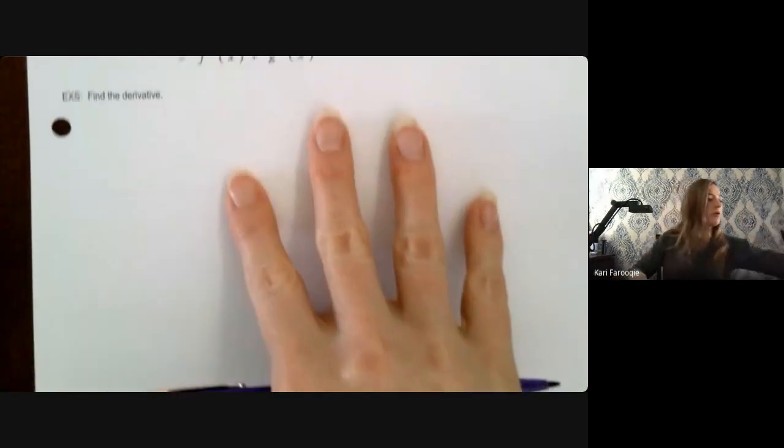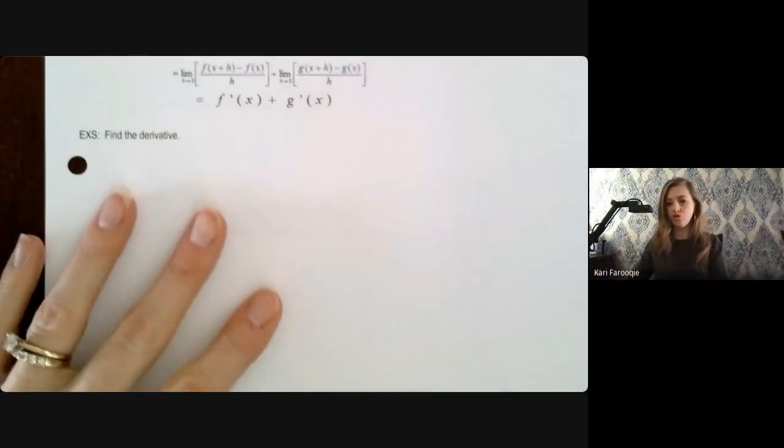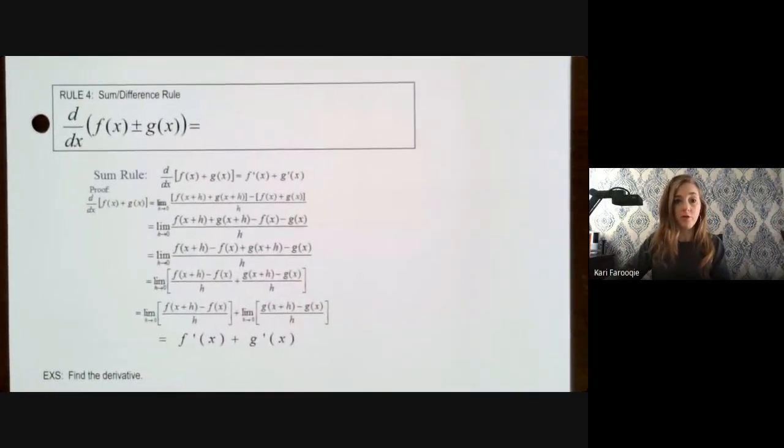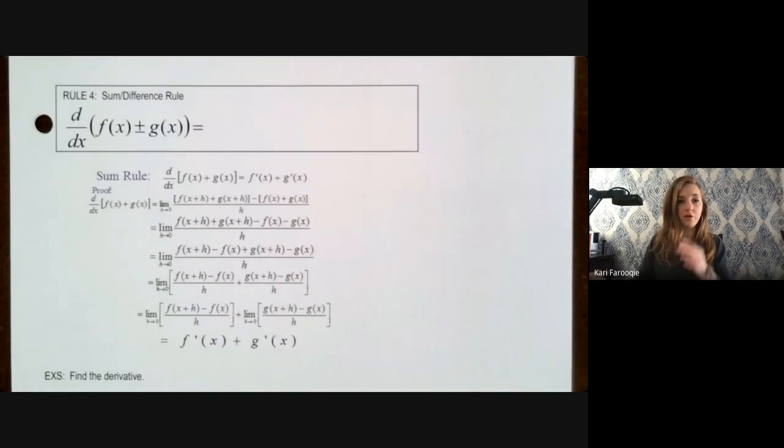The last one, it's sort of a combination of the other rules, is the sum and difference rule. This just says that if you're taking the derivative of the sum or difference of 2 functions, you can rewrite this as the sum or difference of the derivatives individually.